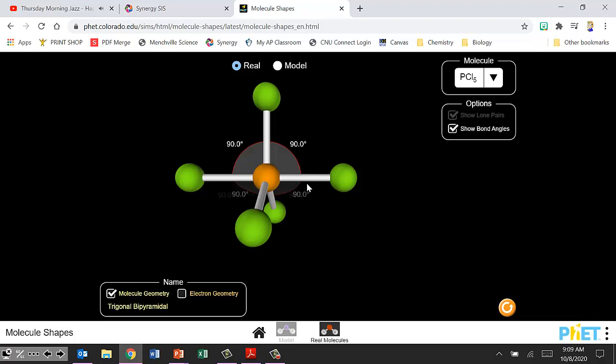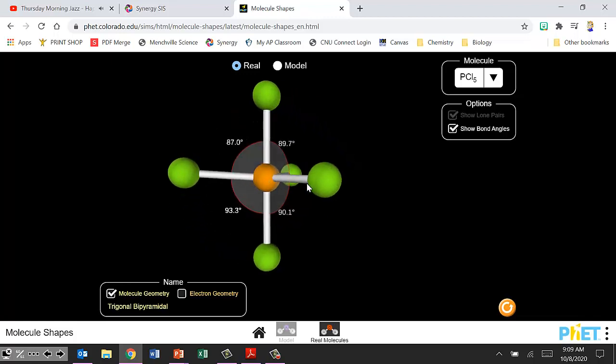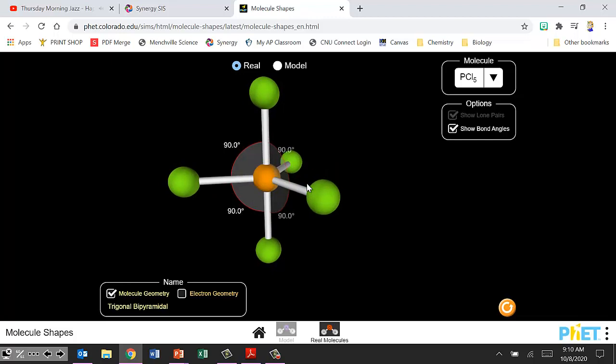This sets up actually kind of 2 shapes. You have a triangle on the top, a 3-sided pyramid on the top, and a 3-sided pyramid on the bottom. So this is known as a trigonal bipyramid shape.